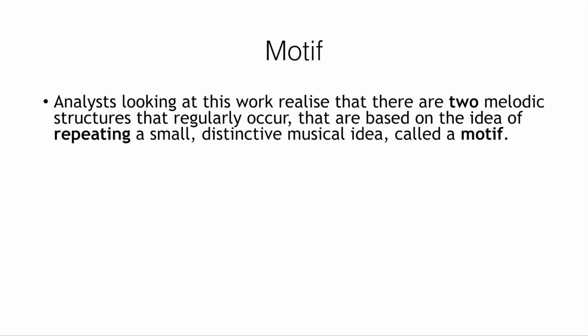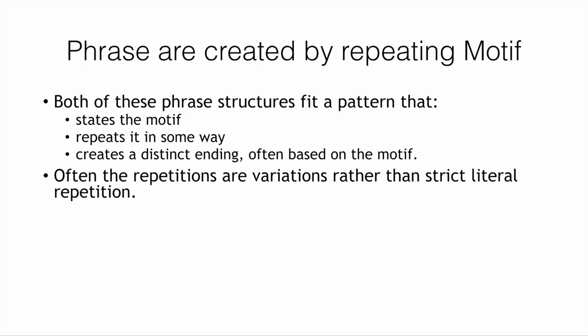So a motive is a small, bite-sized bit of music, often 2 bars long, 1 bar long, which we use as the seed to create the rest of the piece. We create this by repeating it in a bunch of different ways. Both of these phrase structures fit a pattern that states the motive, then repeats it in some way, and then creates some sort of distinct ending, often based on the motive.